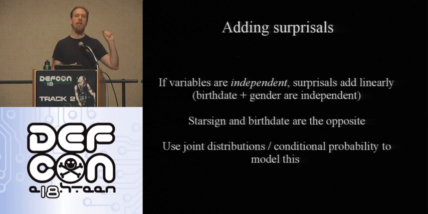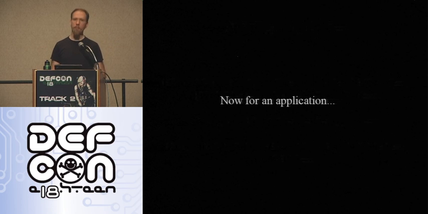If you learn someone's birth date and then you learn what city they were born in, those two things are probably independent variables. Not entirely, but close to. So you could add the number of bits together. But if you already know someone's birth date and then someone tells you their star sign, you're actually not going to learn any more information. So if you want to know how two of these measurements add together, you need to do some fancy stuff with conditional probabilities.